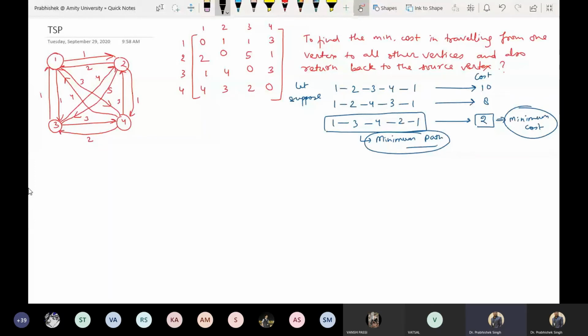Our source vertex is 1, and we have to go to all other vertices. 1 to 2 we have to go, 1 to 3, 1 to 4, and then we have to return back to 1 also. So how are we going to solve this question using the traveling salesman problem?